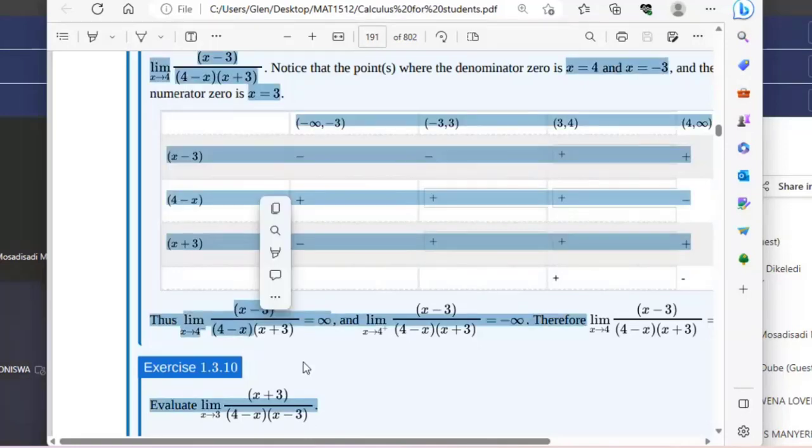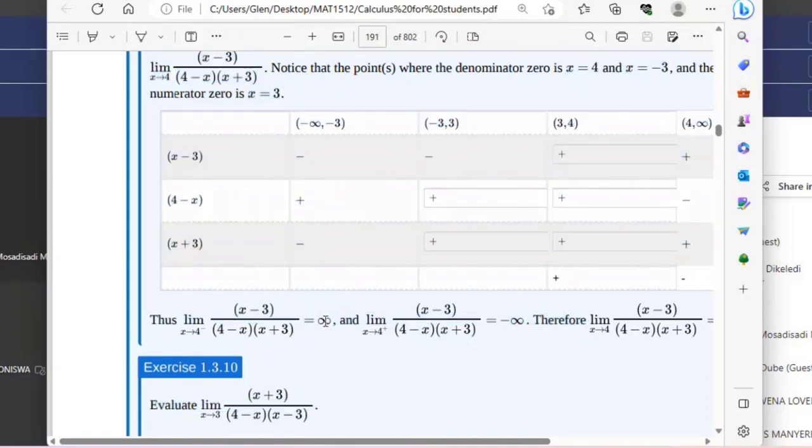Do you see this part of the positive infinity? Yes, we do. Do you see the part of the negative infinity? Yes. Therefore, now, how do we conclude?